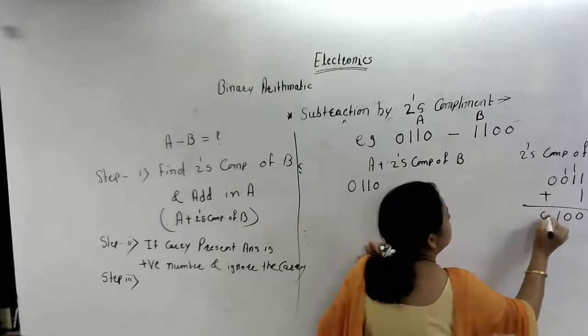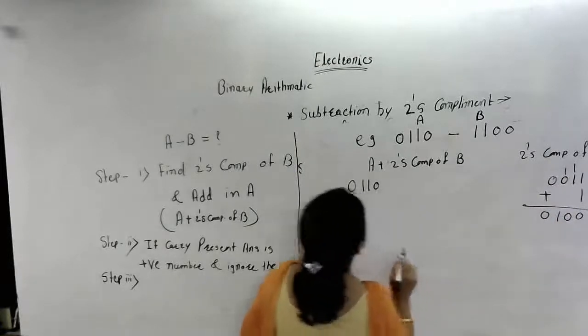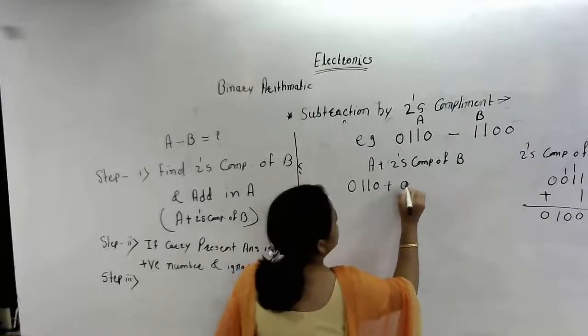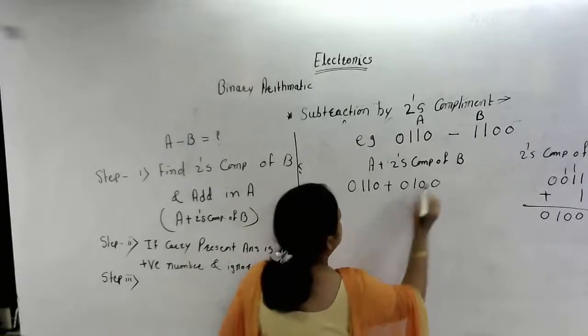Here 1 and 0. So the 2's complement is 0100.